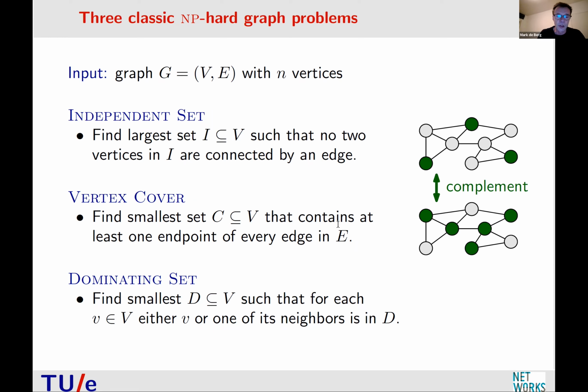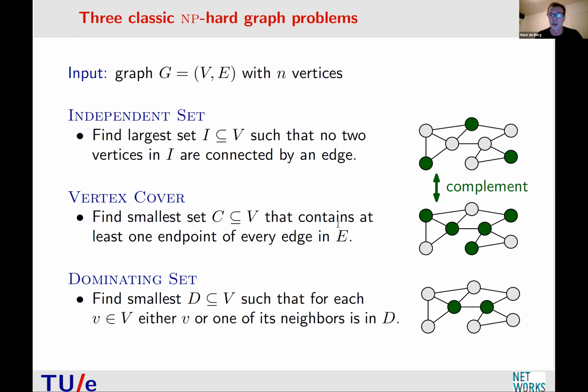Another classic problem is dominating set. Here again you have a graph, and now you want to find a minimum size vertex set such that every vertex is either in this set or it has a neighbor in the set. So these are all well-known NP-hard graph problems.